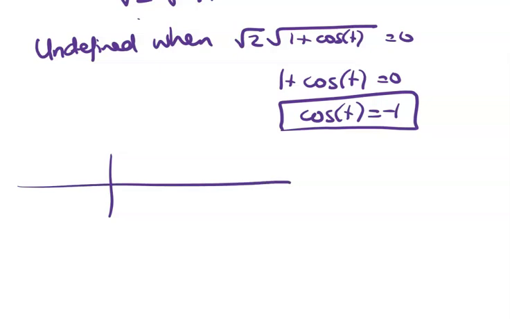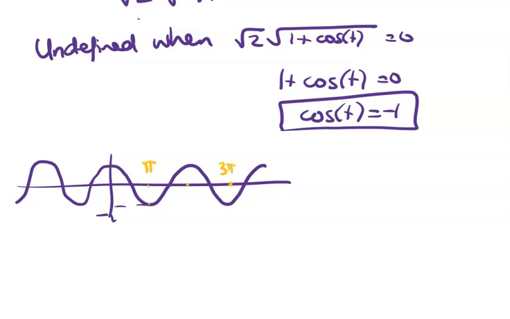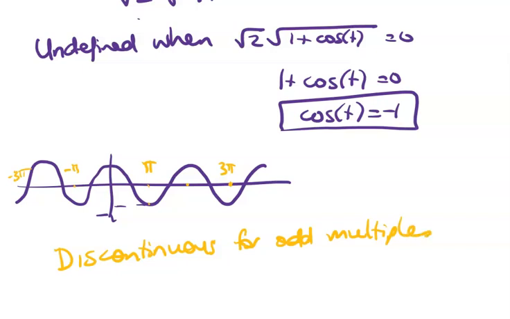So let's just draw our cosine function. Here it is. When do we get -1? Well, we get -1 at pi. That's 2 pi there. That's 3 pi here. So -1 at -pi and at -3 pi. So it's discontinuous for, and I think it's fine just to say, odd multiples of pi, e.g. -3 pi, -pi, pi, 3 pi.